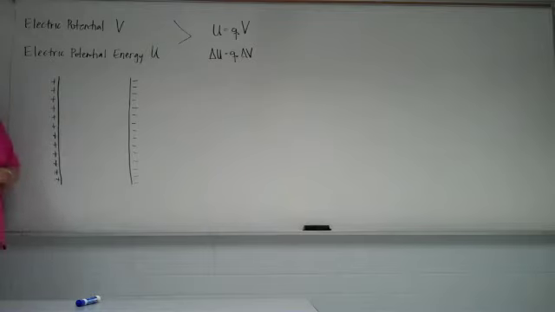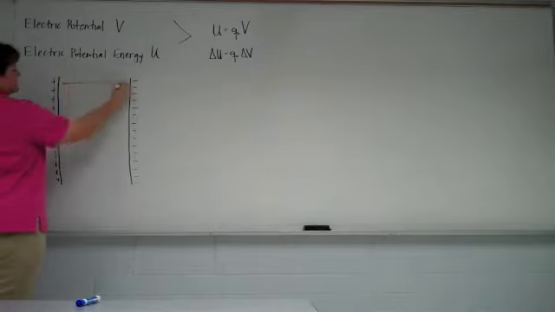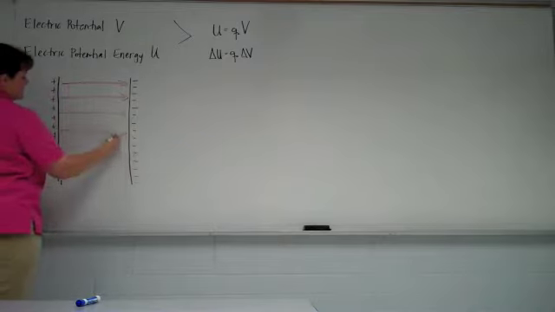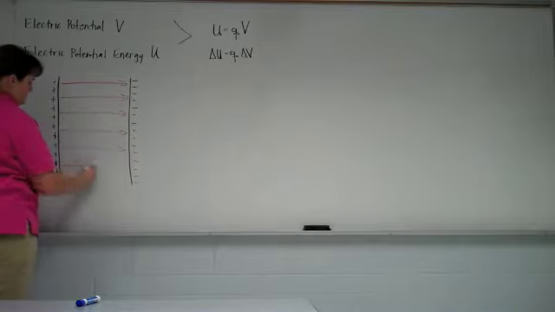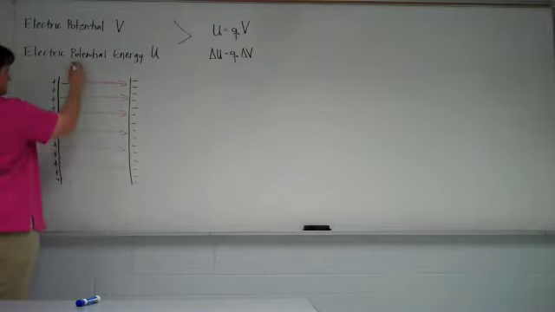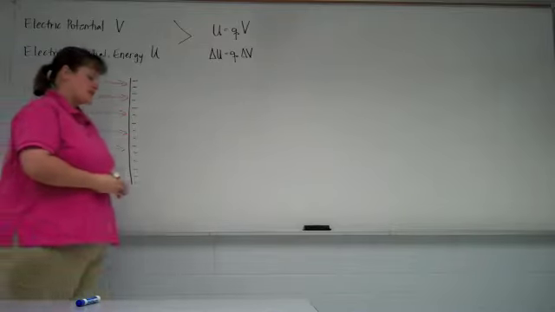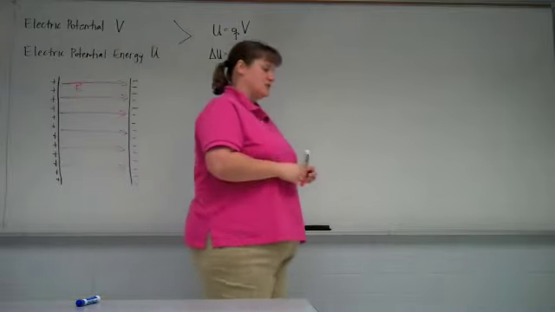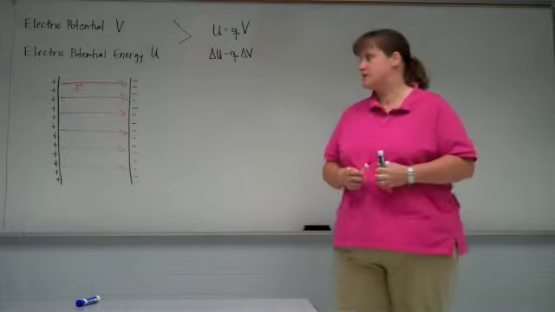The electric field lines always point away from positive and towards negative. So our electric field is going to point to the right with the way I've drawn this. Turns out electric field and potential are directly related to each other.